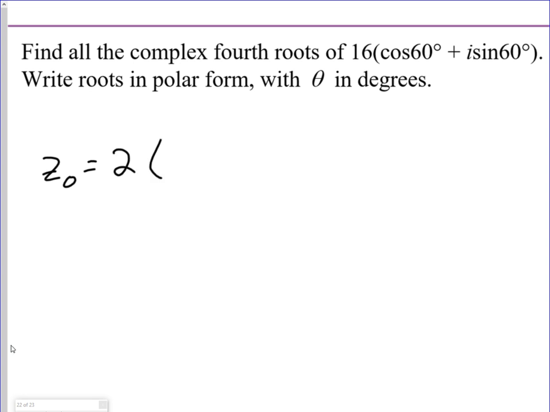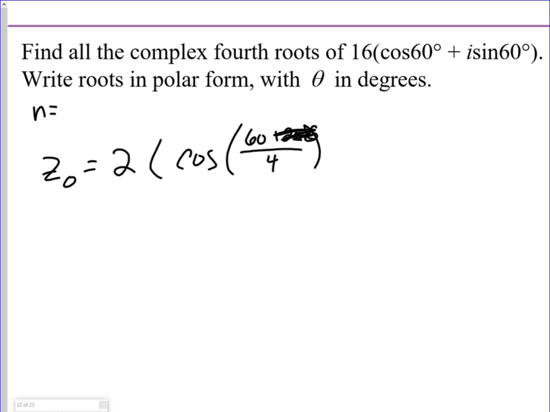Then what's the formula read? Cosine. What's in here? Theta, which is 60. Times or plus? Plus 2 pi k. K is 0, correct? Yes. So that means this all goes away, and I'm dividing it by how much? 4, because my nth root is 4.